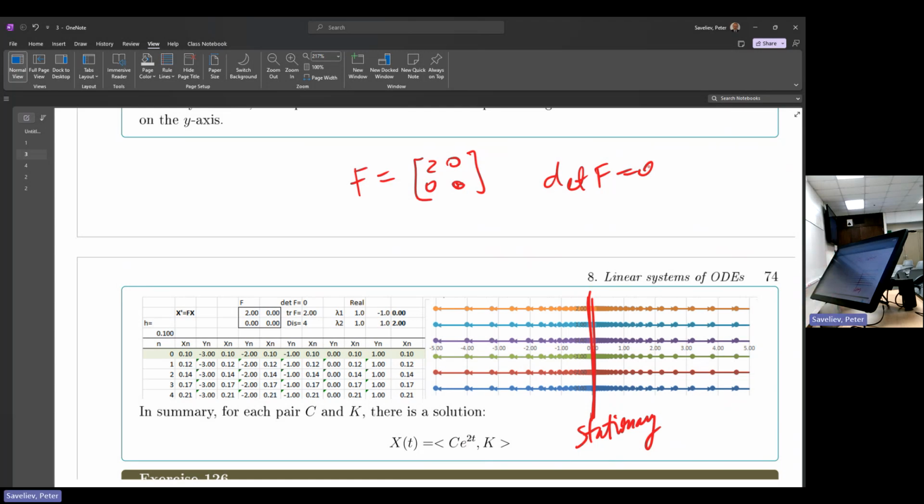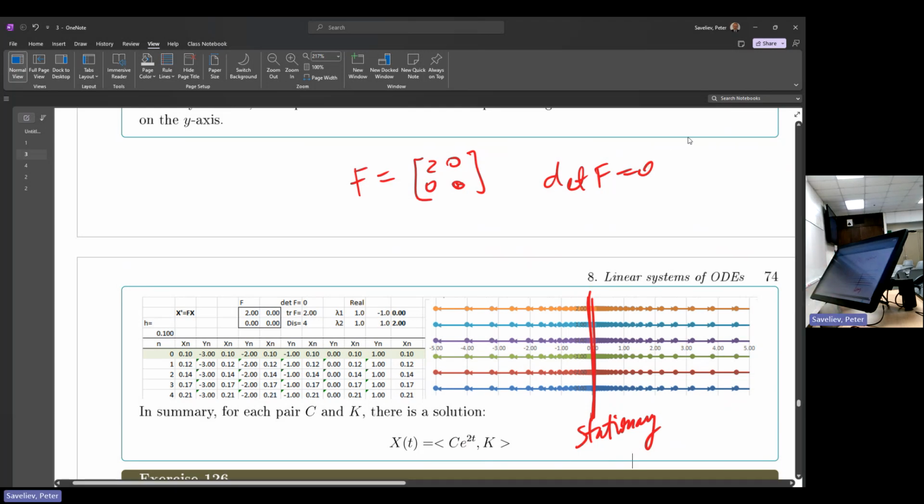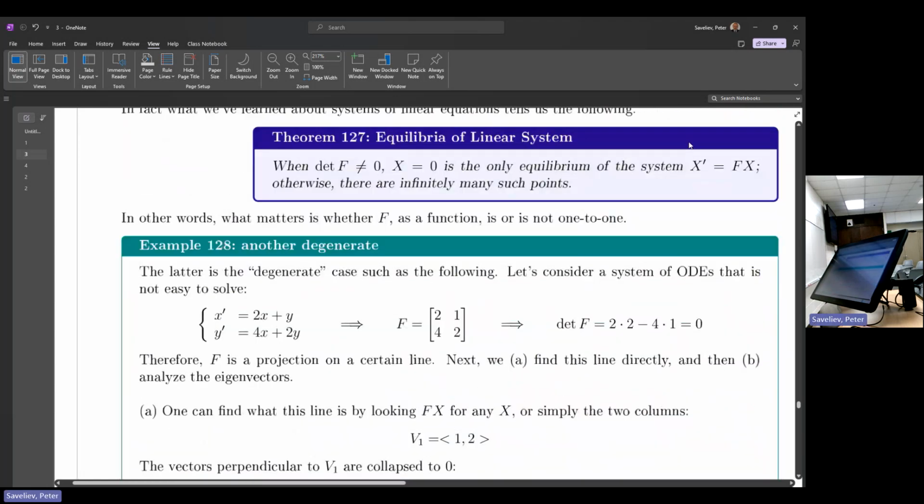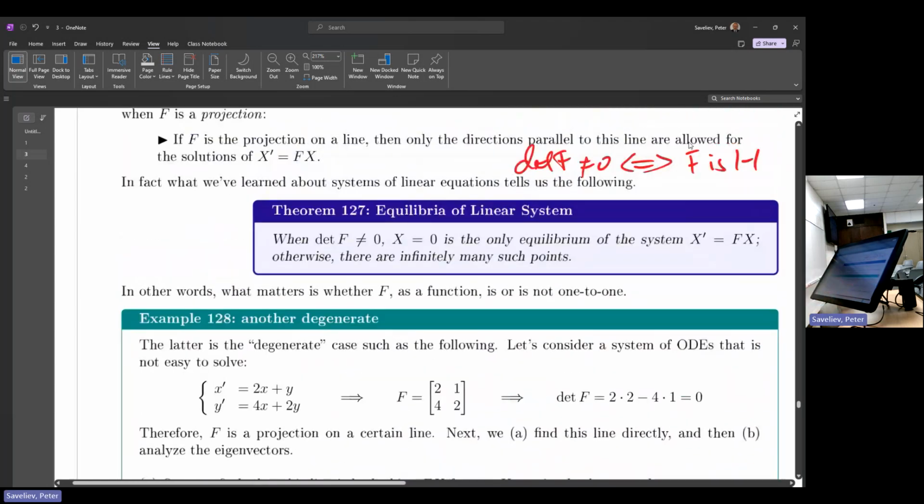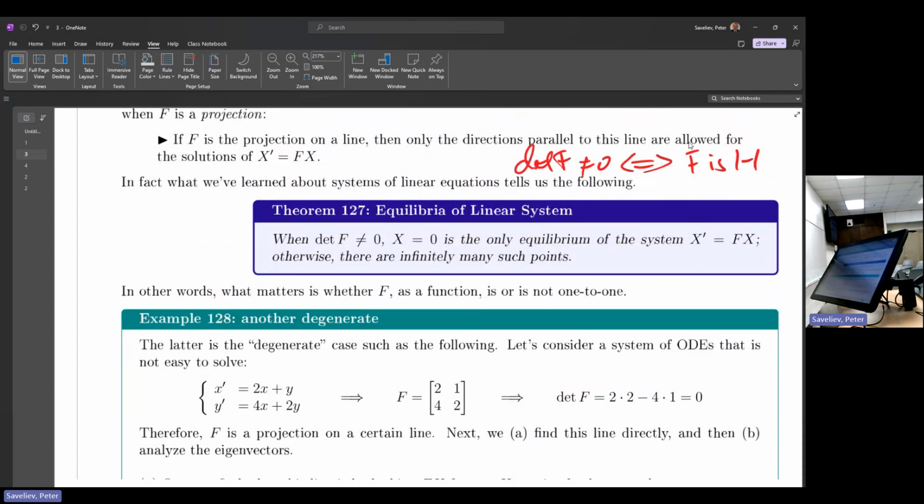Yeah, it is stationary. Okay, so that's a degenerate case. I just chose to start with it, but as you can see, the determinant is the simplest tool of linearity, and it tells us a lot about what's going on.